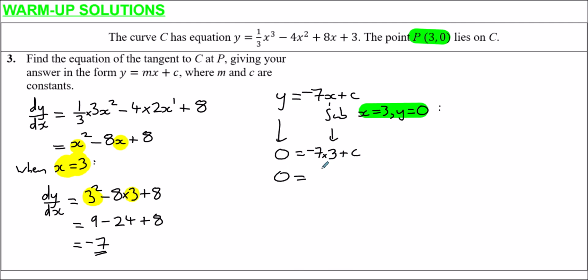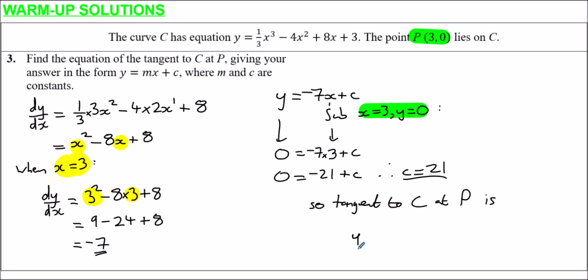Minus 7 multiplied by 3 is minus 21. So 0 equals minus 21 plus c. Therefore, adding 21 to both sides, we get that c equals 21. So therefore, the tangent to C at P has equation y equals minus 7x plus 21.